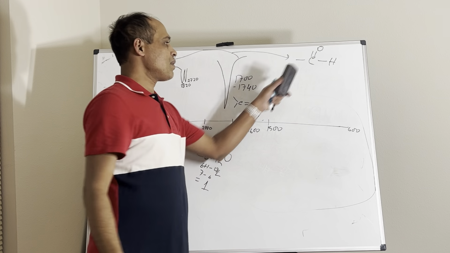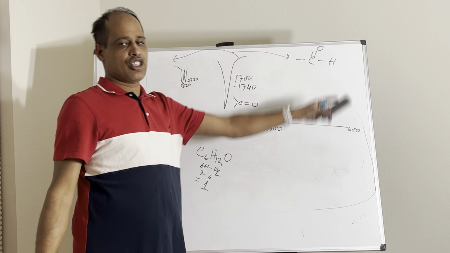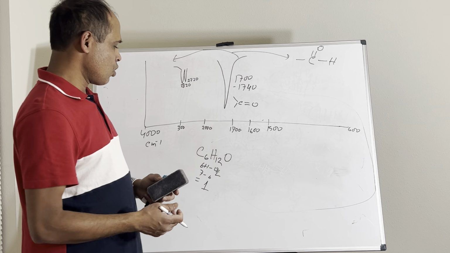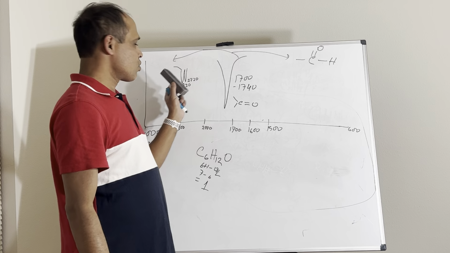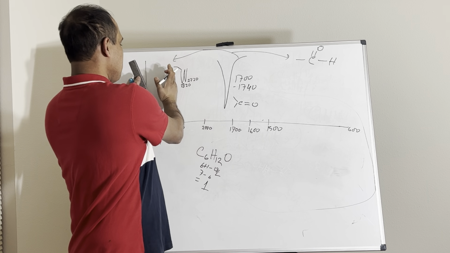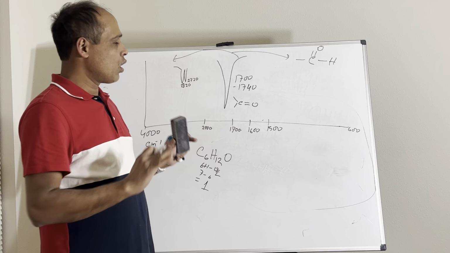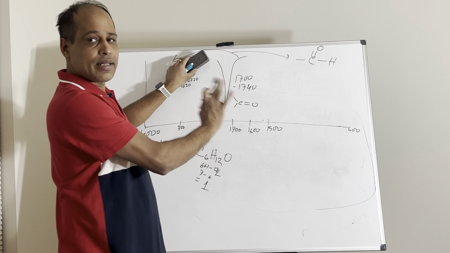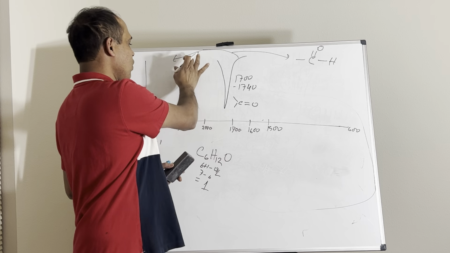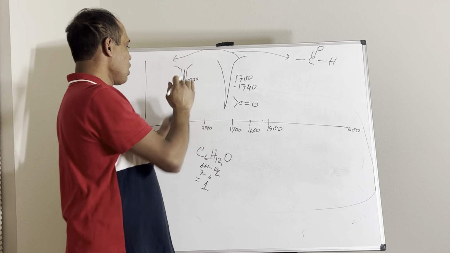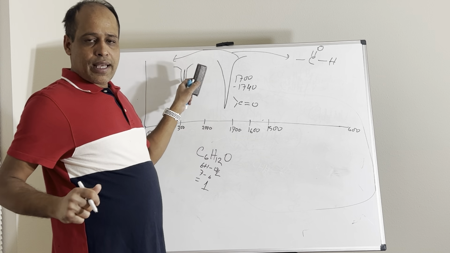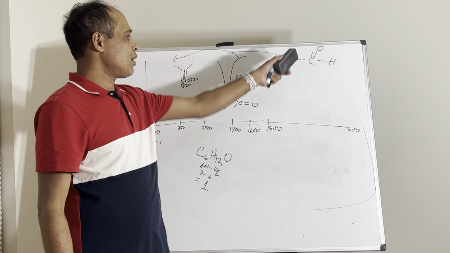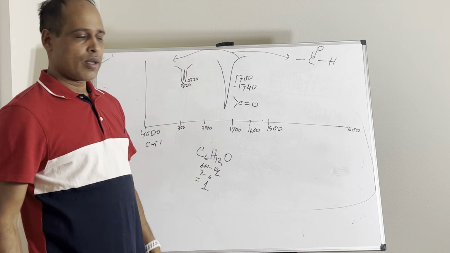The aldehyde group is like C double bond OH. So if you have one oxygen, first look for alcohol in the broad band. If there is no alcohol and you see only the carbonyl peak, then it is a ketone. If you see it and also two small bands at 2720 and 2820, then you can easily say you have the aldehyde functional group.